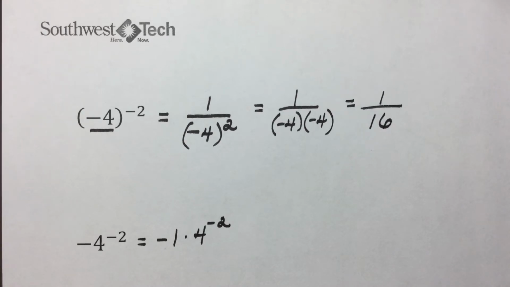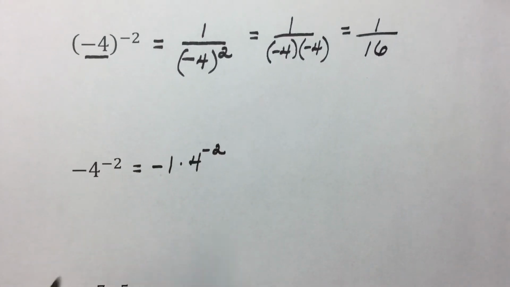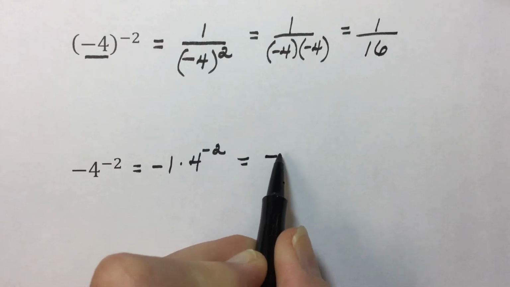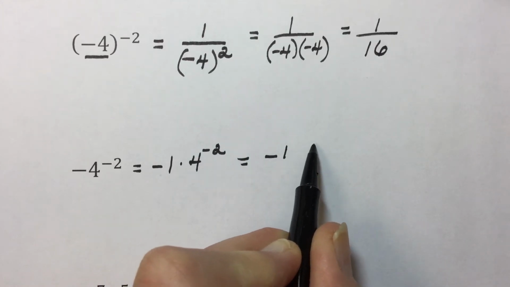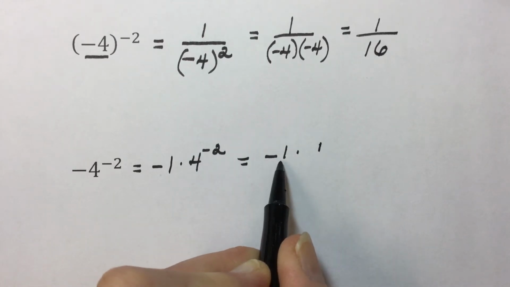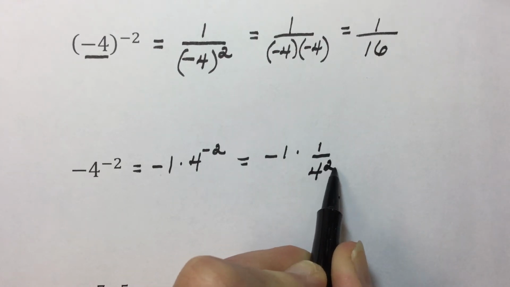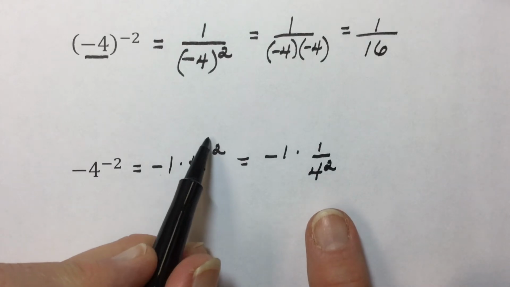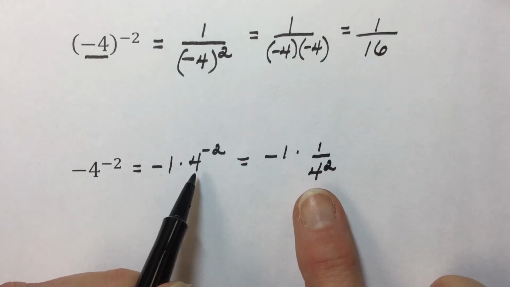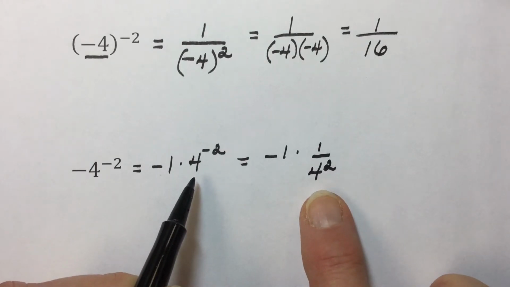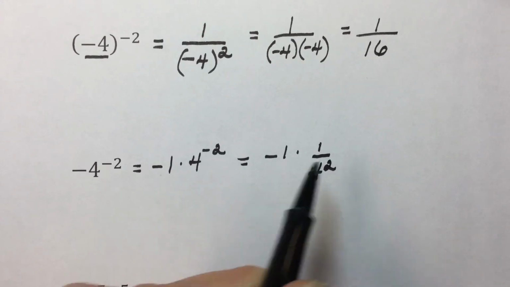To eliminate negative exponents here, it is only the 4 that drops to the denominator. So we have our negative 1 times 1 over 4 to the second power. We've eliminated the negative exponent by dropping that base to the denominator.